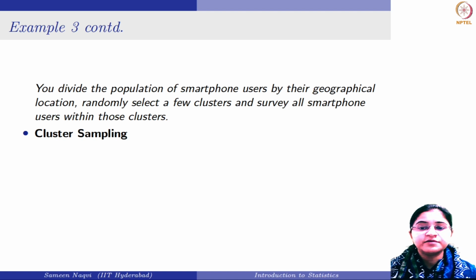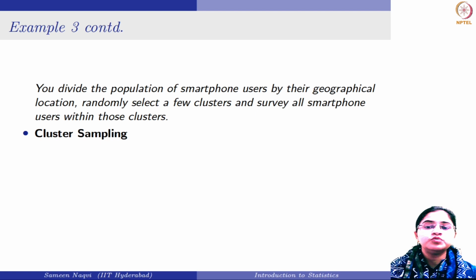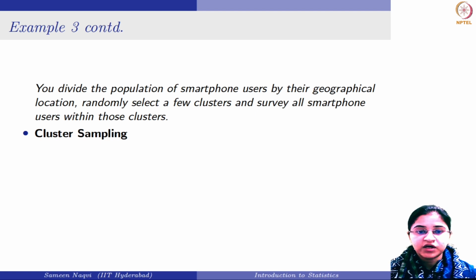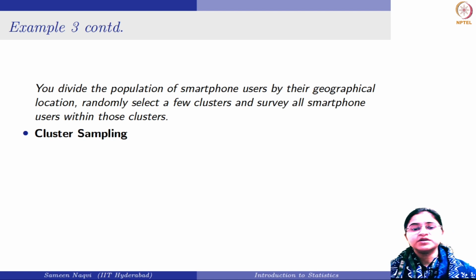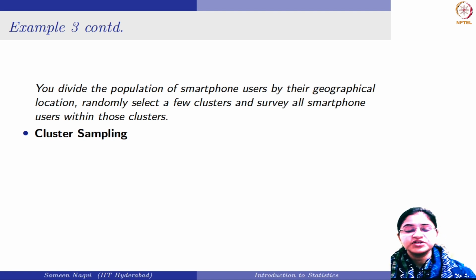So you have divided the population into different geographical locations, and it might be inconvenient for you to reach every geographical region. So instead, you just focus on 2 or 3 areas and get data from them only. Cluster sampling will be good if you want to understand the regional variation in app preferences and you believe that the geographical location is going to be a significant factor that influences these preferences.